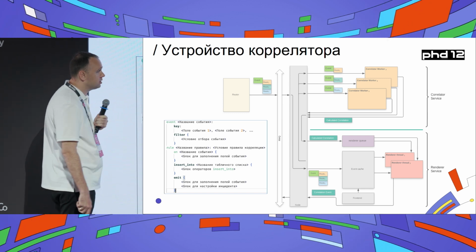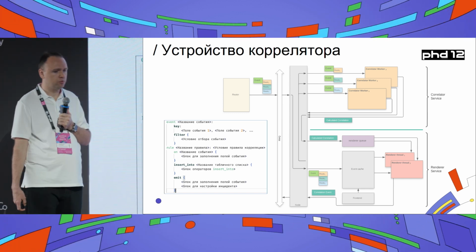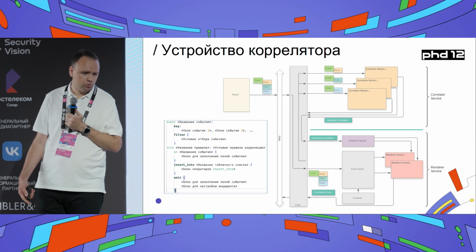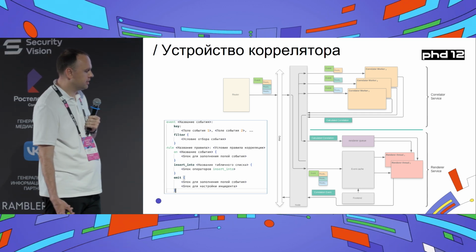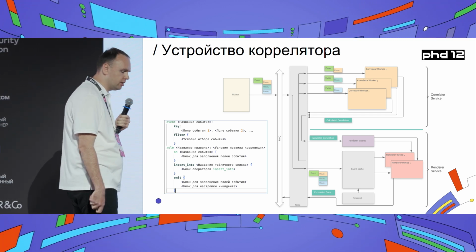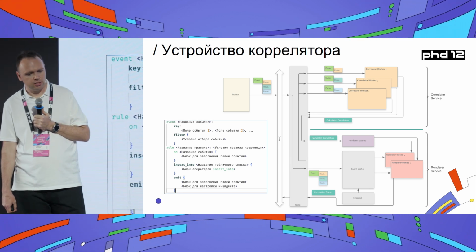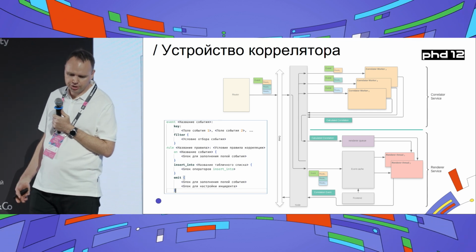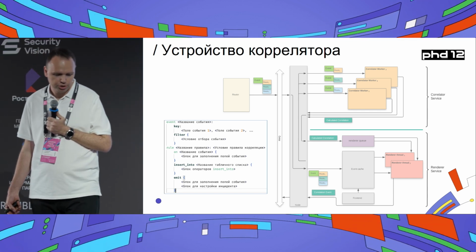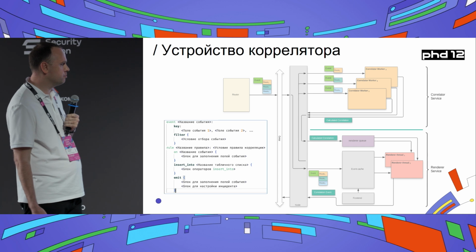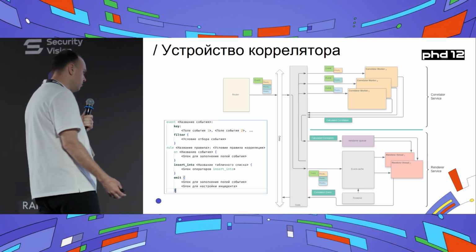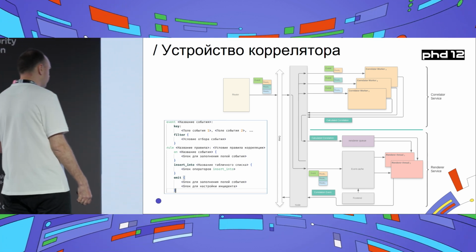We have to be very efficient with memory in the correlator and maintain the speed of processing. So many actions we try to postpone until the time that the chain is built. The worker module of the correlator to calculate chains only needs the types of events and their timestamps.